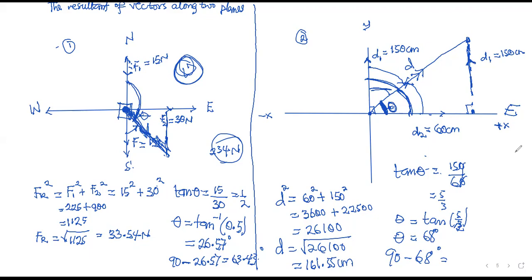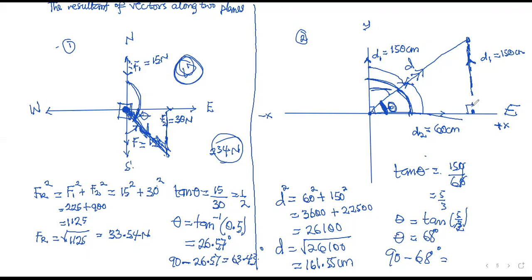So in short, when two vector quantities are perpendicular to one another, first you realign their directions if they are in disarray. Then after realigning, you can use Pythagoras theorem when it's not a scale drawing. If it's a scale drawing, you can determine the resultant by just adding F1 and F2.